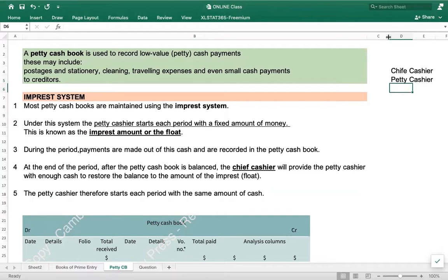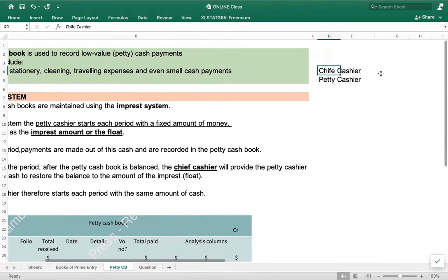So two cashiers will be working. The chief cashier will handle transactions which involve a huge, significant amount. He will not deal with transactions of a small value, small cash transactions.